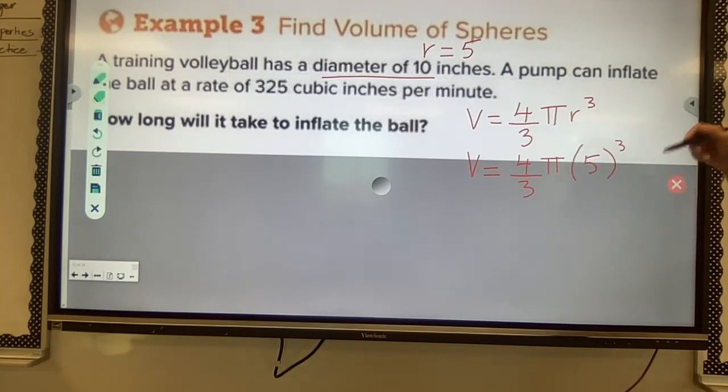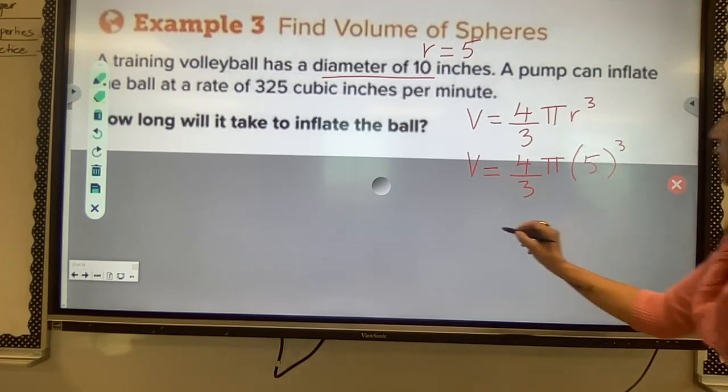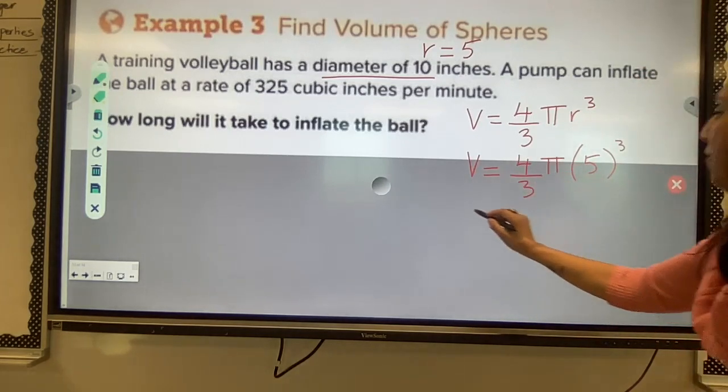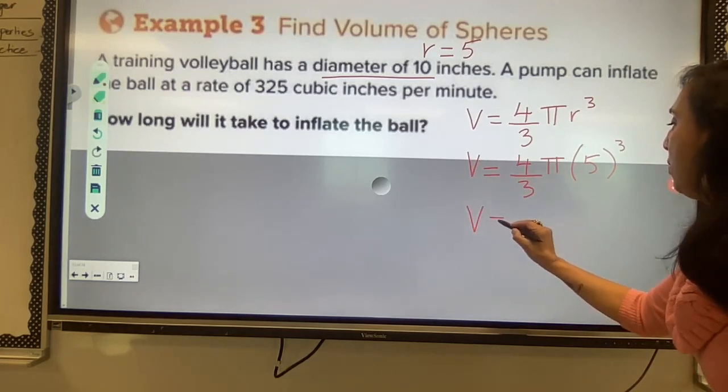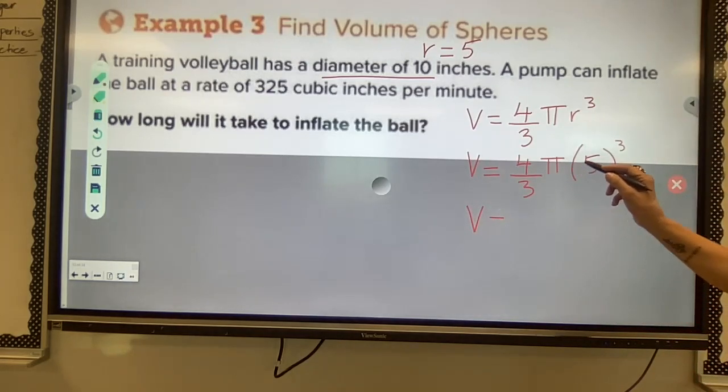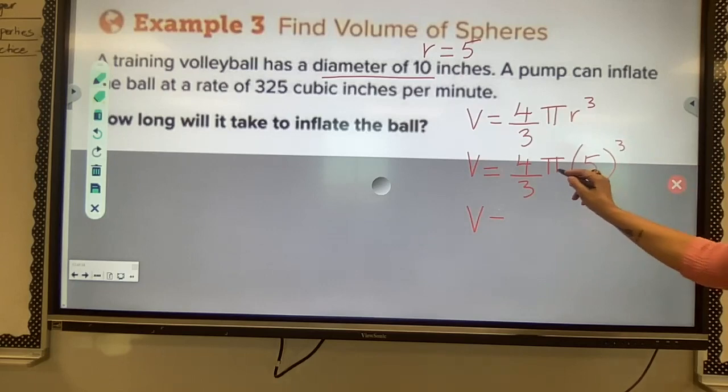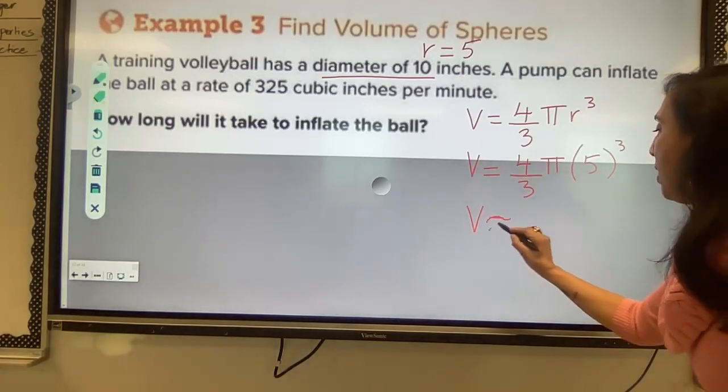So 5 times 5, 25 times 5, 125. So that's what this portion is. Times 4. And then we're going to change it from this to an approximation because I am going to do the calculation of pi to get a measurable amount.